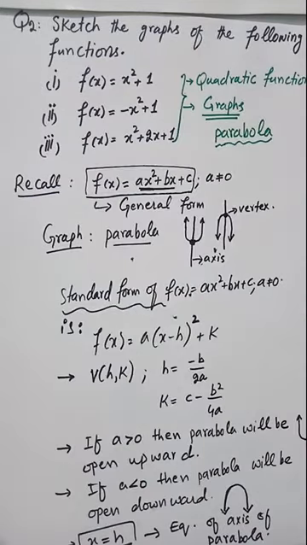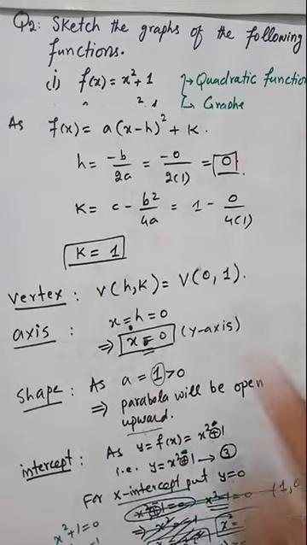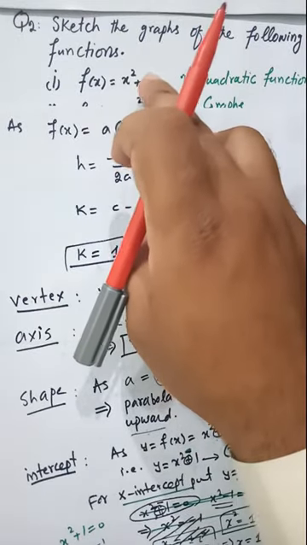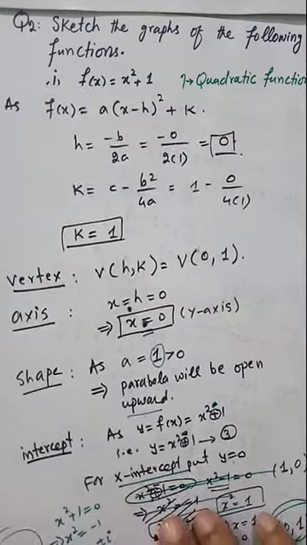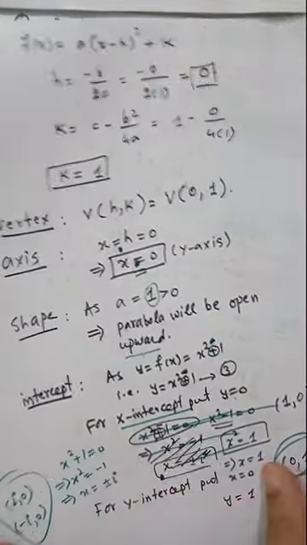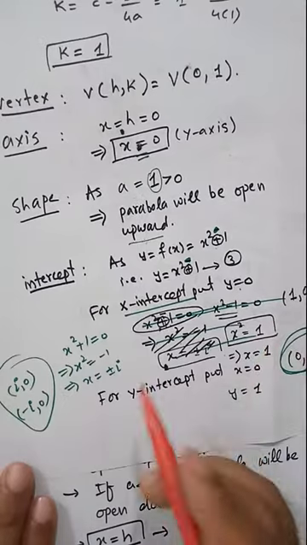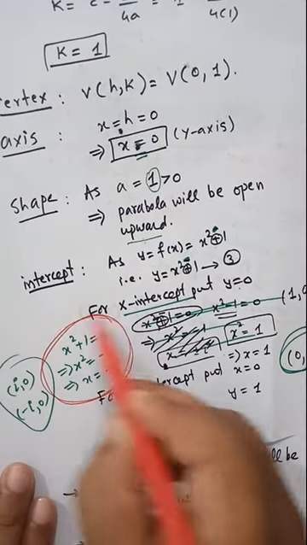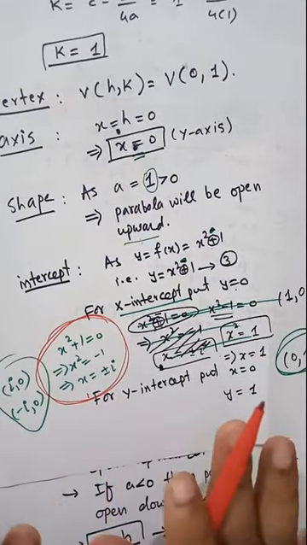Now in question part number 1, you see there is no x-intercept, so the value of x is imaginary, meaning complex. That is the reason the question is correct.